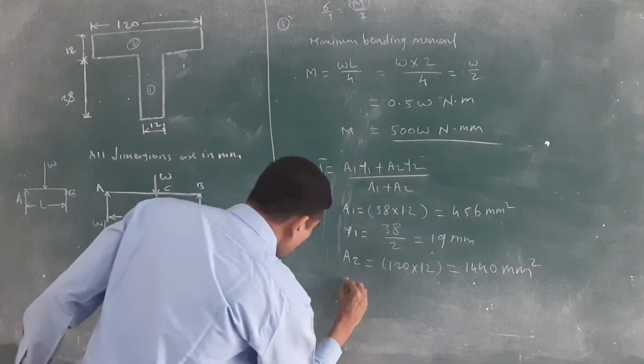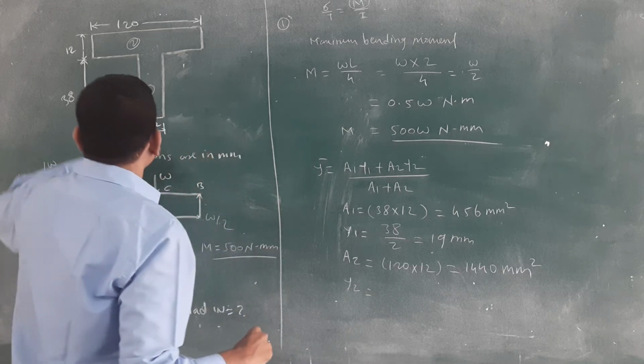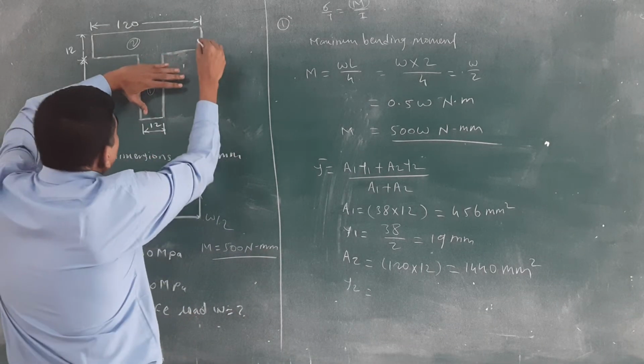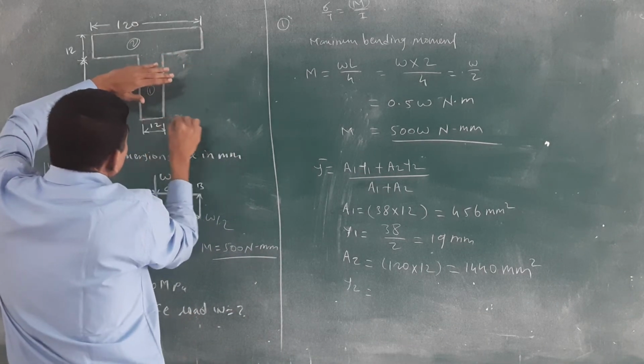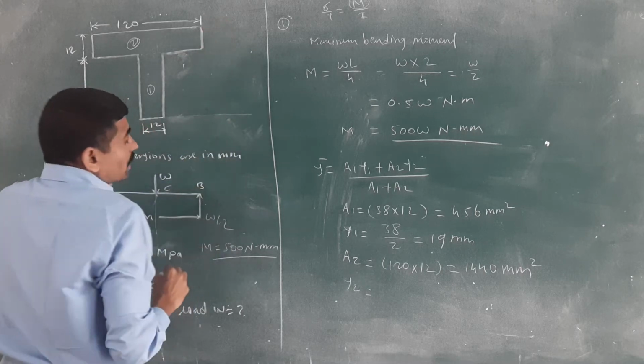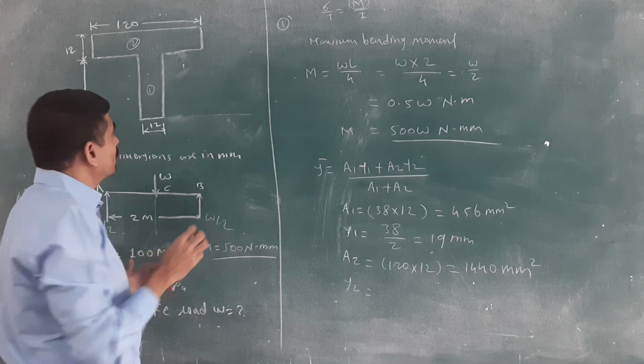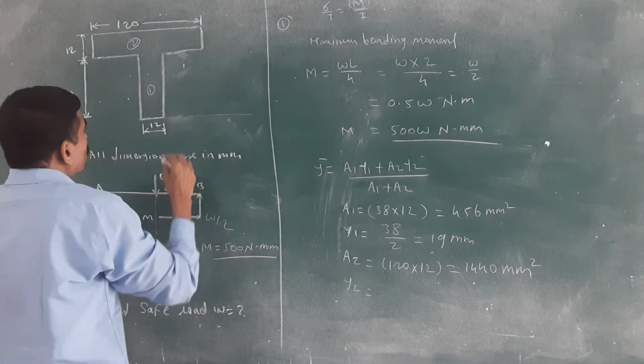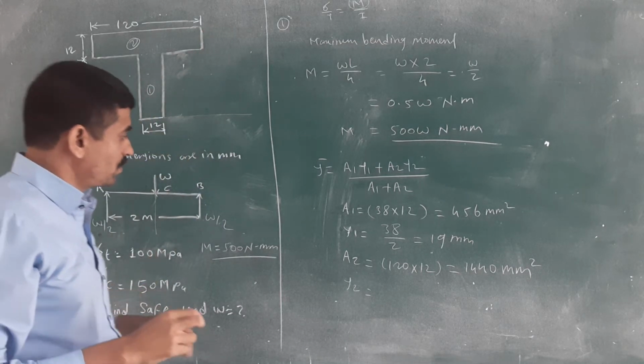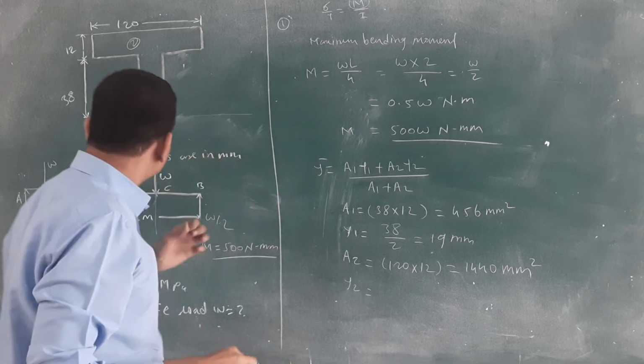And what is y2? How to calculate that y2? Remember that we are thinking about only that part. You are going from the bottom to top. You can also start from the top to bottom and you will get the same value, but you will get the above part value, not the below part value. y2 is equal to what?